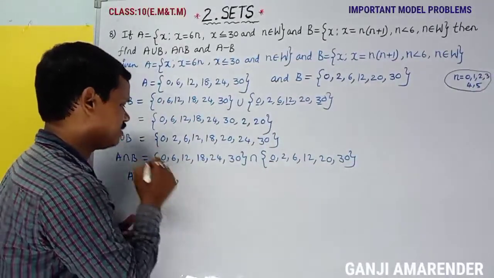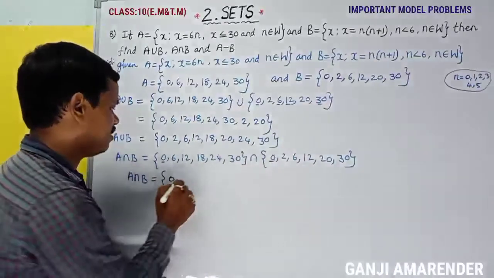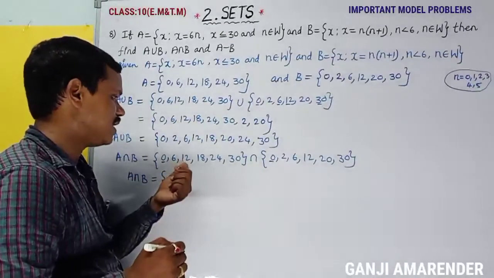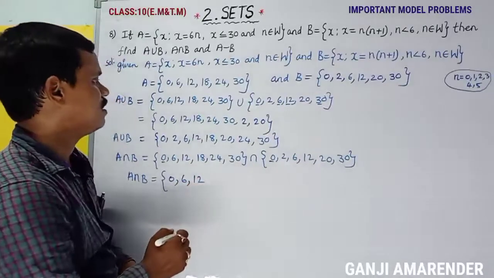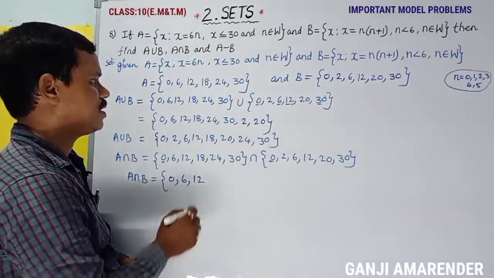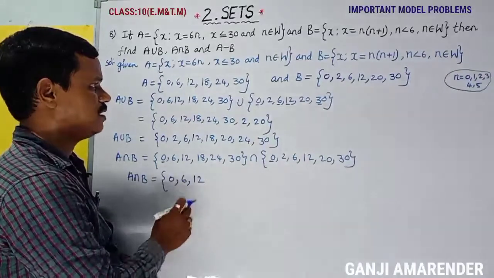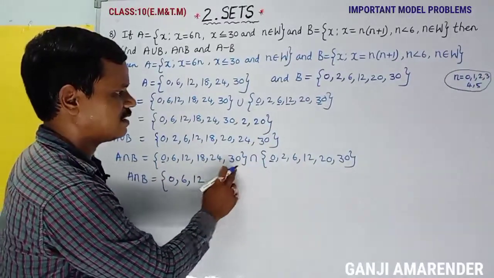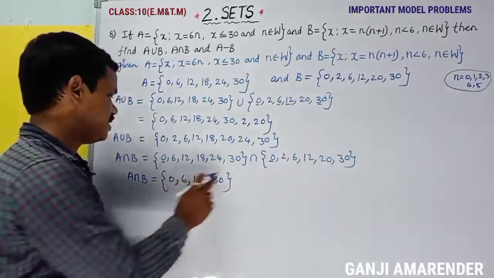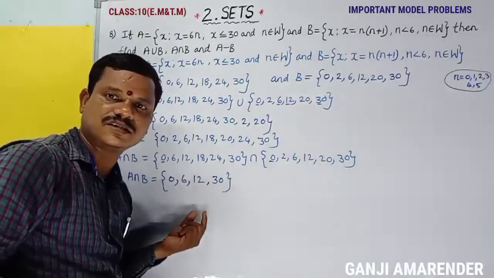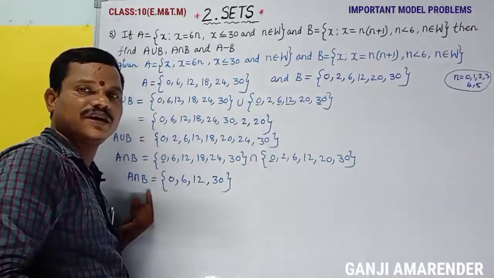So write 0 here. 6 is the common element. Next, 12 is the common element. So 0, 6, 12. Next common element is 30. This is A intersection B. Common elements of the sets A and B are the elements of A intersection B.